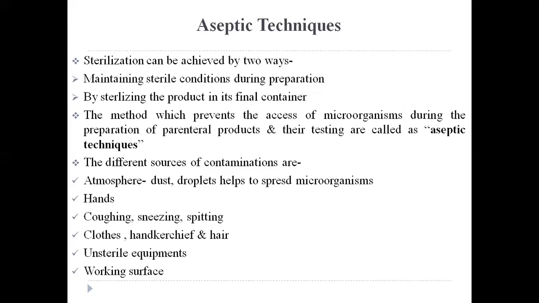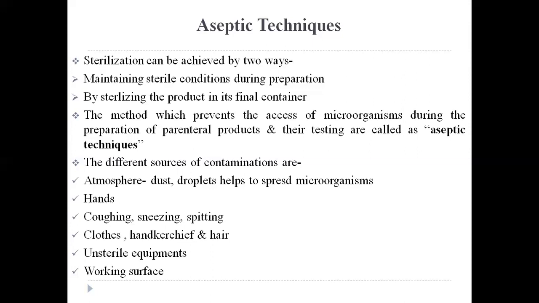So that is the first case: the area in which the preparation is prepared has to be free from viable microorganisms, so we can maintain the sterility of the product. There will not be any chance of contamination of the product.